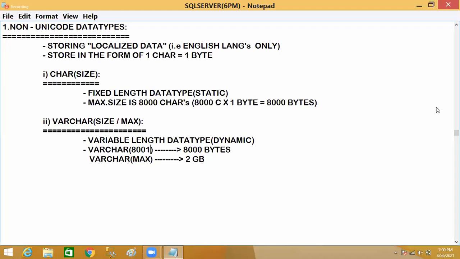If you want above 8,000, then you can go for max.